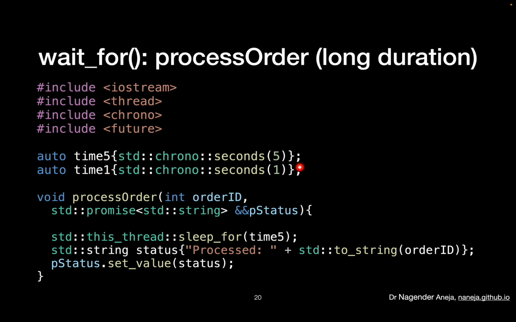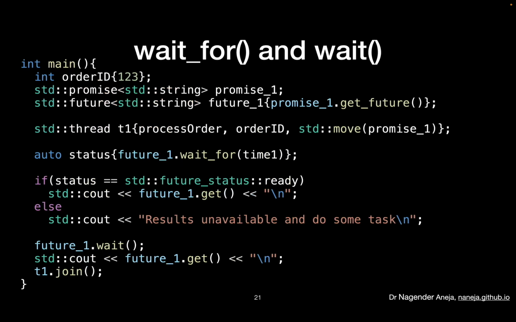Time 5 is 5 seconds and time 1 is 1 second. The process order still receives the promise, and it sleeps for 5 seconds, so it needs 5 seconds to process the order. Then it creates the string and sets the value. So this thread will take 5 seconds to process the order, and then it sets the value. It fulfills the promise.